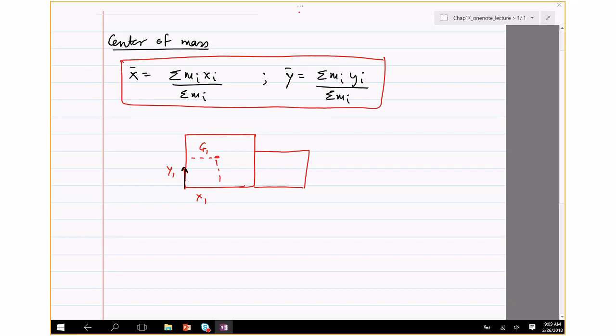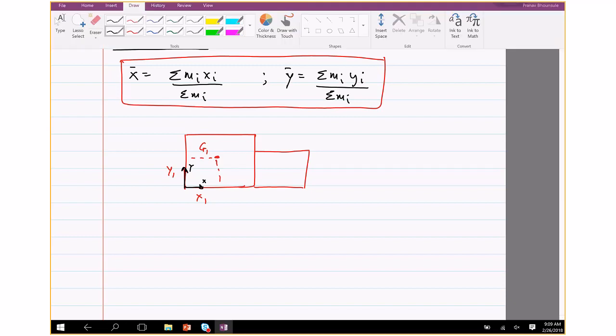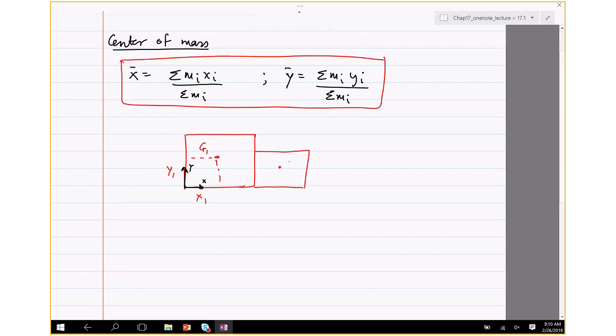So this is x and this is y, and the geometric center of the second one is going to be the location of center of mass for the other rectangular plate. So this is x2 and y2.